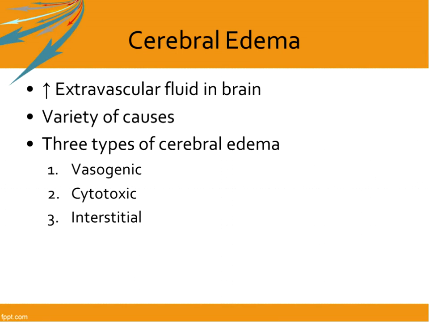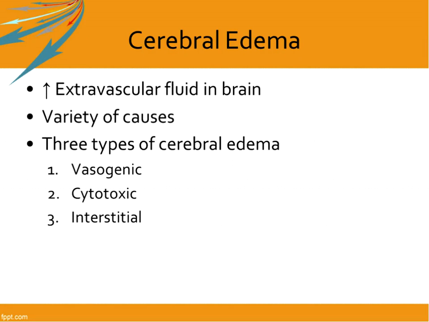When we talk about cerebral edema, it's defined as an increased accumulation of fluid in the extravascular spaces of the brain. There's a variety of causes. Remember, we talked about we could have lesions, head injuries, infection, cerebral infection. We could have a vascular insult, or we could have some type of metabolic issue, or we could have toxic issues.